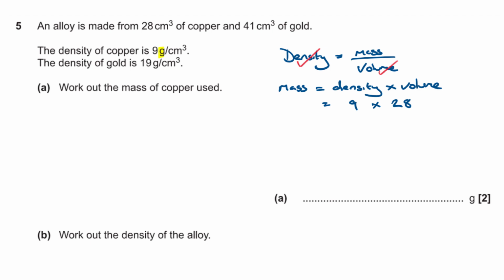So density is in grams per cubic centimeter, and my alloy is measured in cubic centimeters. So if I combine these together, I'm going to get grams for my mass. So 9 lots of 28, 280 minus 28, that's 252 then, isn't it? So 252 grams.